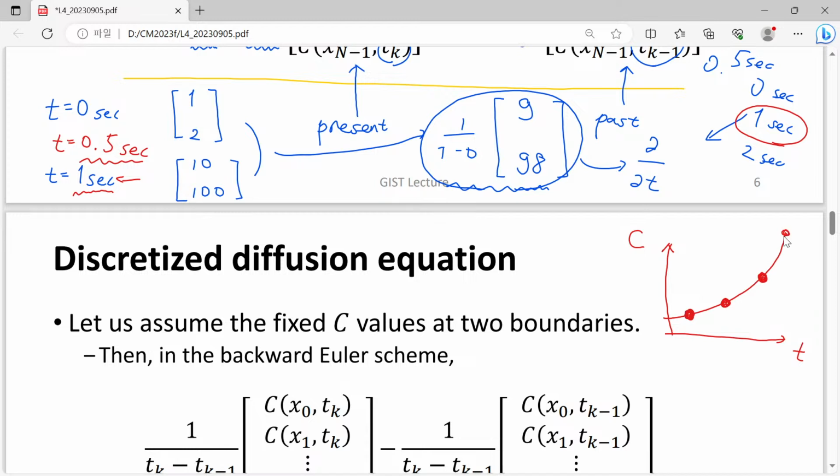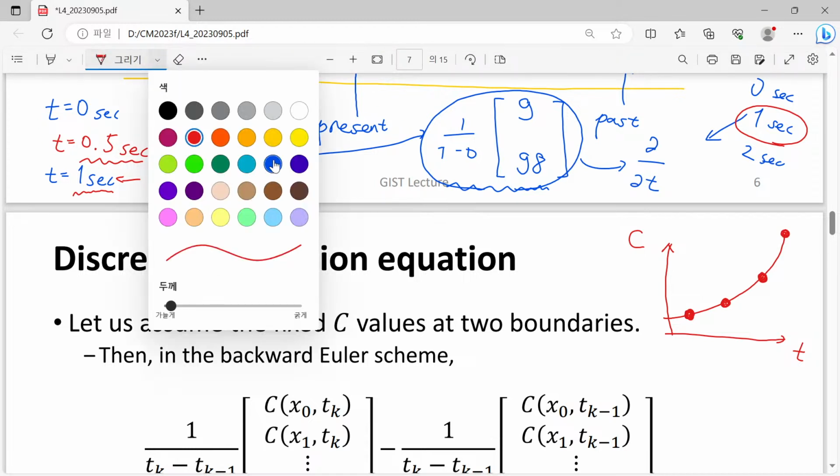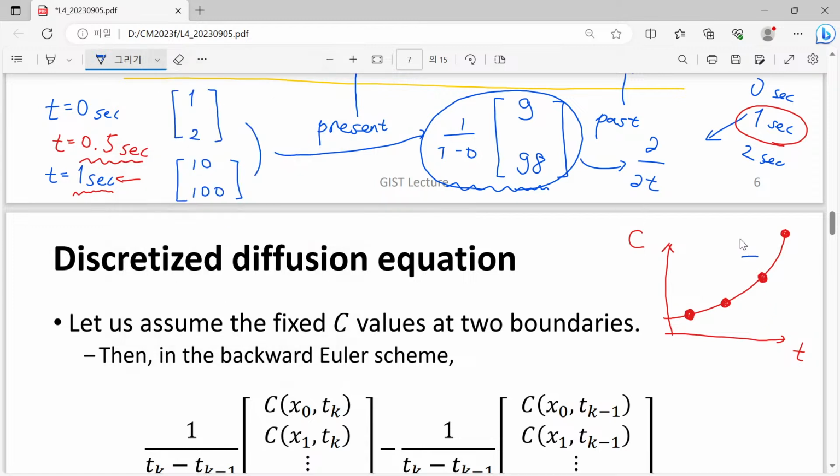Let's just assume that this is actually your solution. Then what the backward Euler scheme states is, when you try to calculate the time derivative ∂C/∂t at this point, the exact solution would be like this.